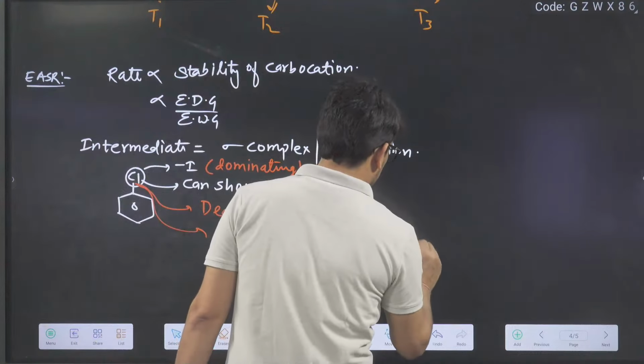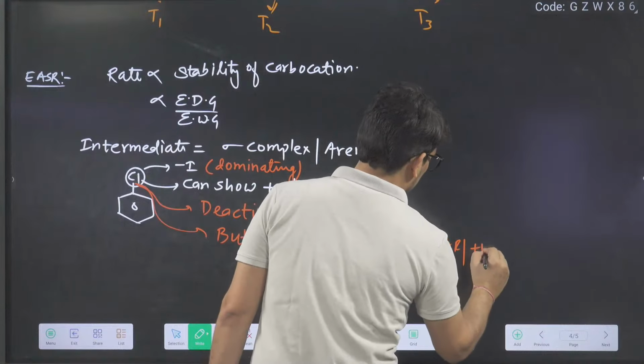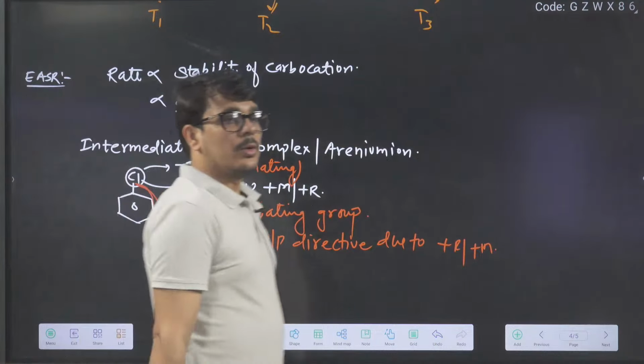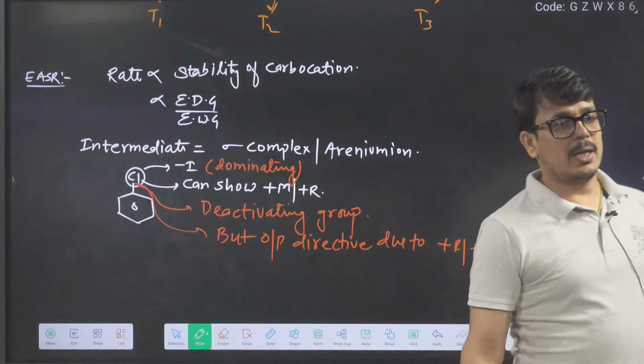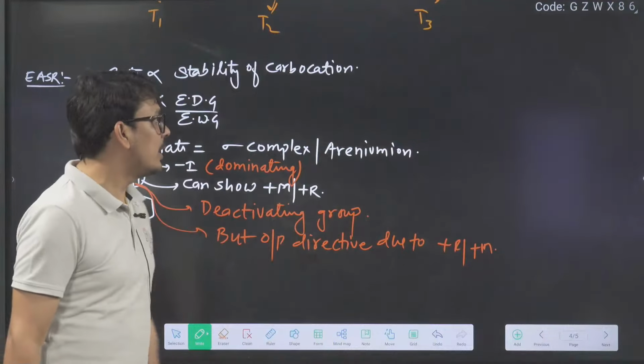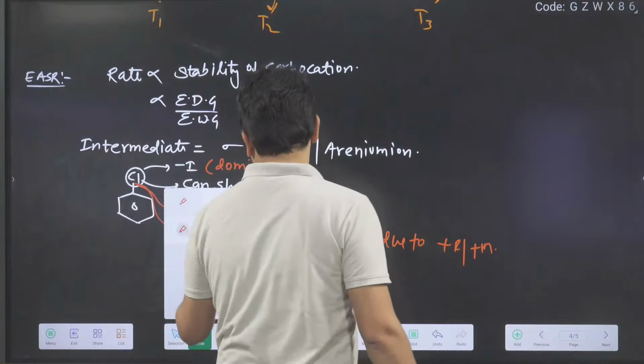Ortho-para-directive, due to plus R or plus M. This is ortho-para-directive due to resonance, which is shown by chlorine.